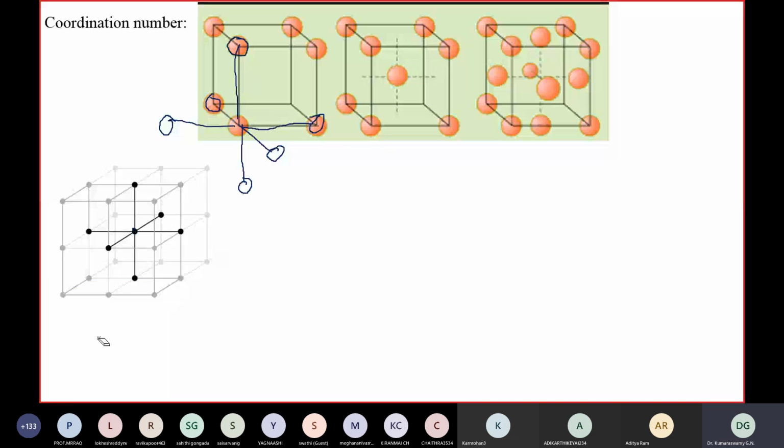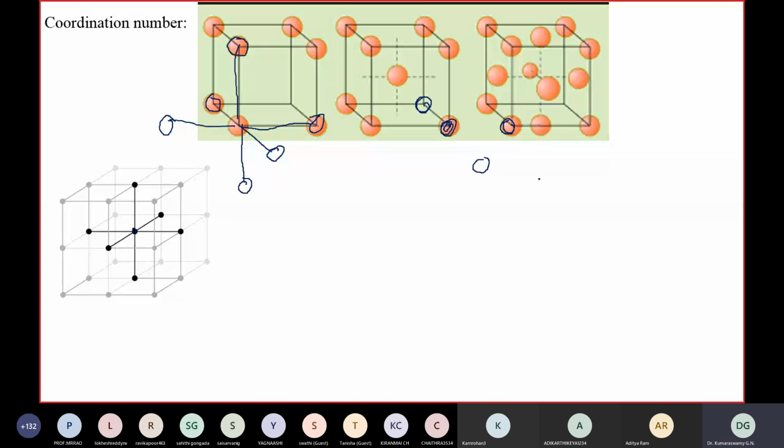Okay, let us consider this atom. This is not the center atom, right? From this atom, we have one atom here, and one atom here.